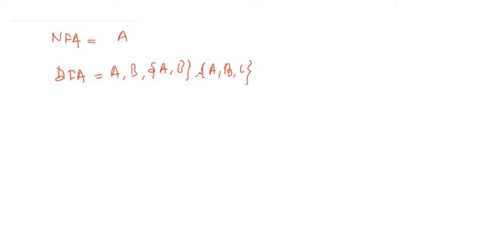That means, for example, in NFA, if the final state is A, and in DFA there are several states like A, B, and a combination of A, B, C, then in such cases we will take the final states as A, AB and ABC, because A exists in these.